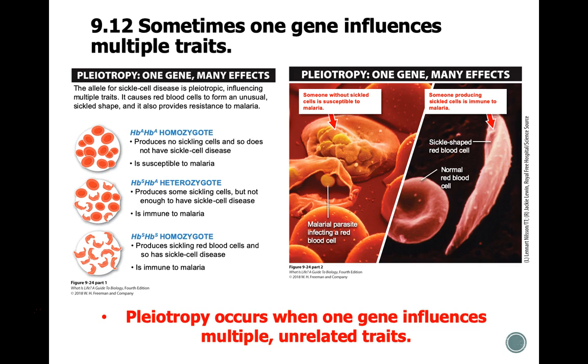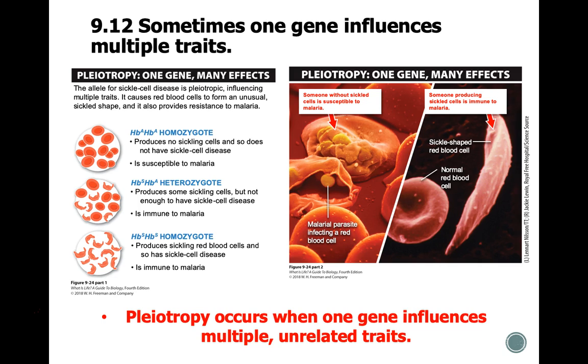I like that our book keeps going back to some of these particular disorders and tying them into each unit. So we saw sickle cell in lab. We saw sickle cell when we were looking at changes in gene expression and the effects of changing an amino acid and producing a different protein.